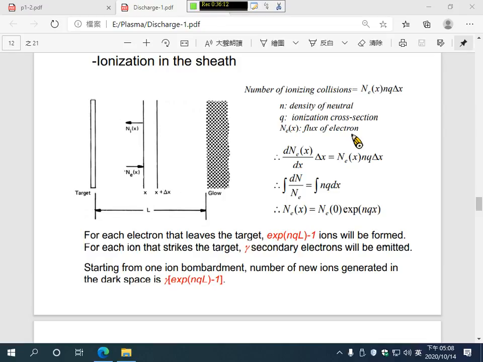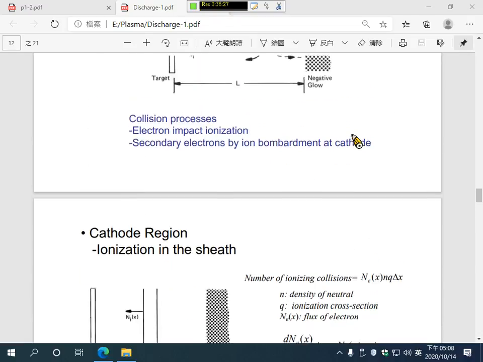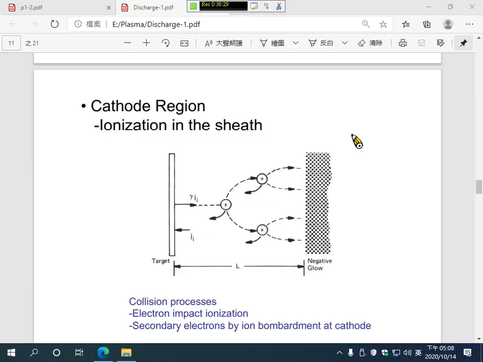Most cathode ions are supplied from the negative glow. Those ions, when they travel toward the cathode surface, can undergo this collisional process and generate secondary electrons.